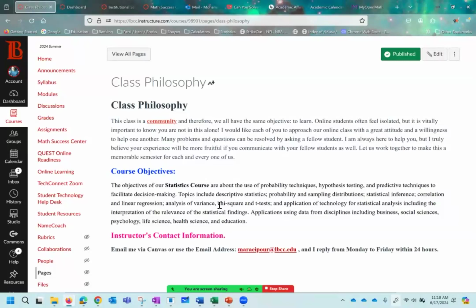Applications using data from disciplines including business, social sciences, psychology, life science, health science, and education. Again, this is chi-square. You can contact me at mraipur@lbcc.edu, and normally we answer within 24 hours.